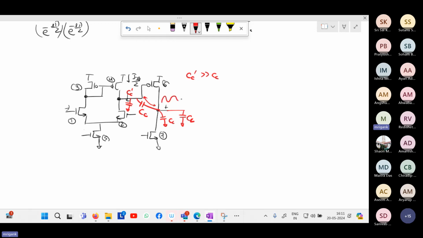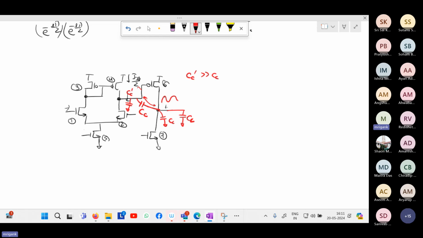So whatever signal change is happening here, it will try to couple it with the gate. So basically there is a 1 upon omega CC being formed, and that creates a kind of short circuit scenario for the CGD, and that leads to reduced impedance. Effectively, it becomes equal to 1 upon gm6.